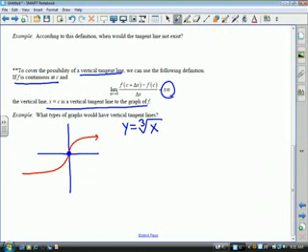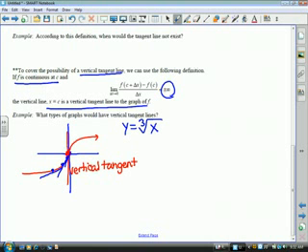If you were to look at the tangent lines, what happens is it has a vertical tangent right there. If you think about it, it kind of makes sense, because look at what happens as I get closer and closer to right there.